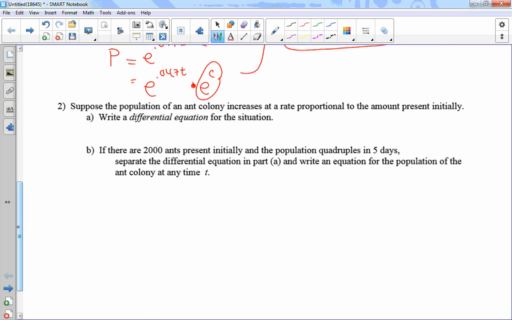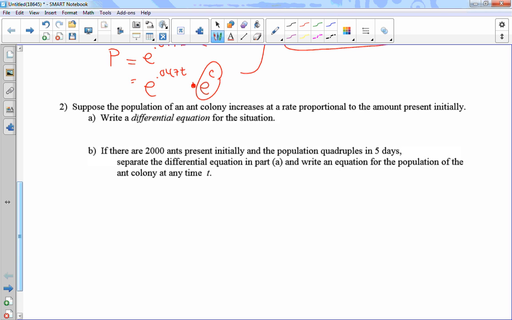Okay, so let's talk about a differential equation for these ant colonies. A differential equation should have a derivative. dP/dt, right? Again, we're talking about population and time. So dP/dt is a rate over time. So it's our rate times whatever we're looking at.